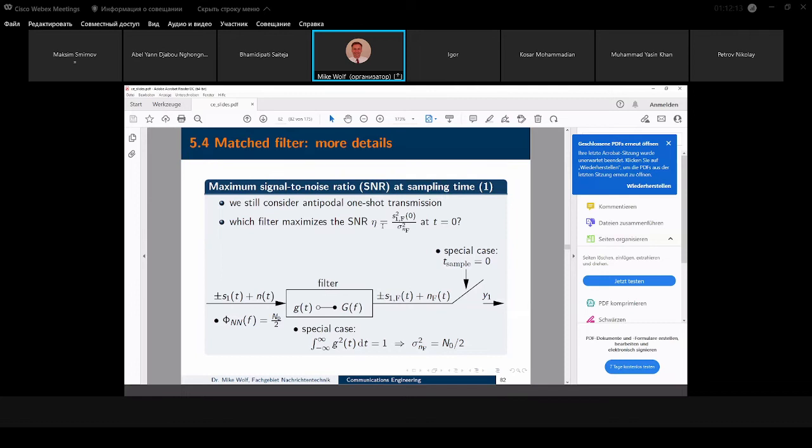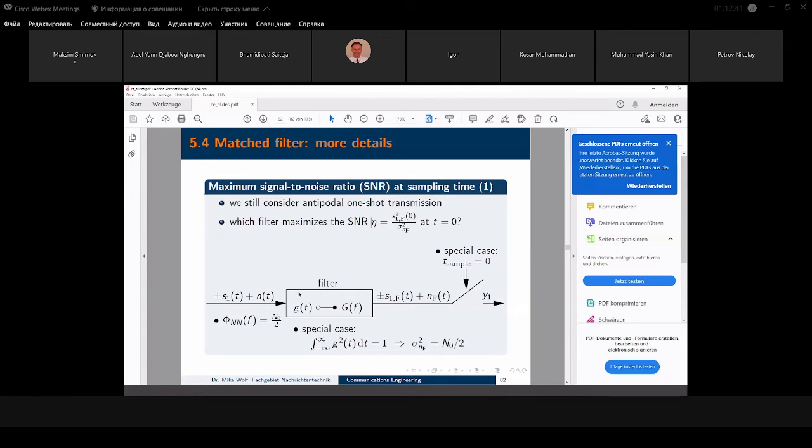Let's say it's a little bit different. Say we measure the signal power at the sampling time, at the highest signal-to-noise ratio. So you see here the sampled signal amplitude at time 0, y0.